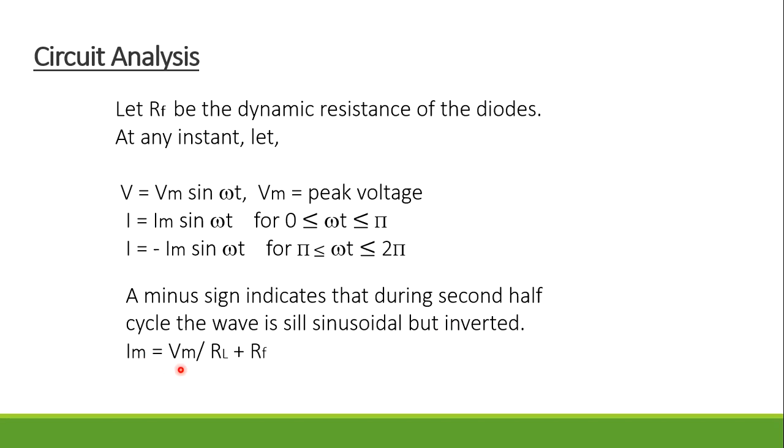Now we apply Ohm's law, and therefore the peak value of the current in the circuit is equal to the peak value of the voltage divided by the total resistance applied to the circuit, which is the sum of the load resistance and the dynamic resistance of the diode.